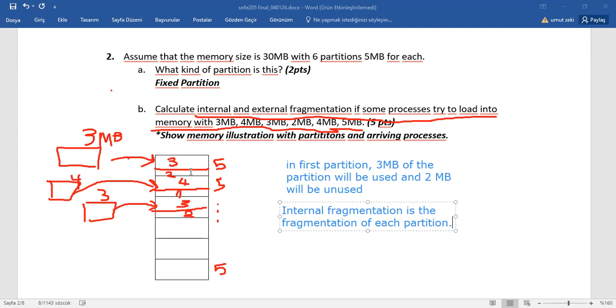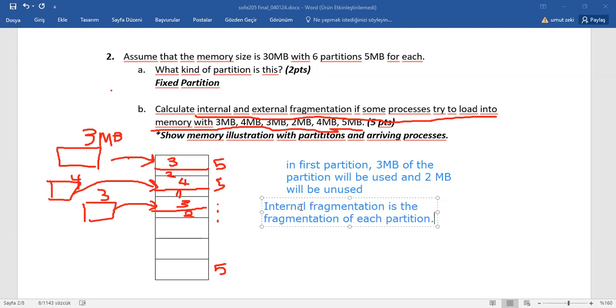So in internal fragmentation, we will calculate the wasted parts of the partitions one by one. So for the first one, we can call it partition 1.